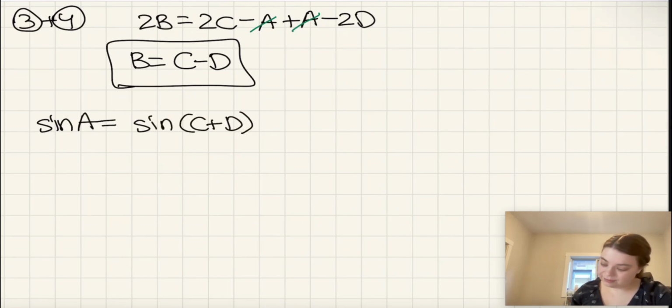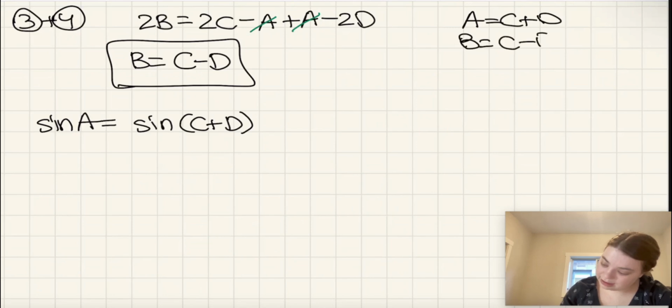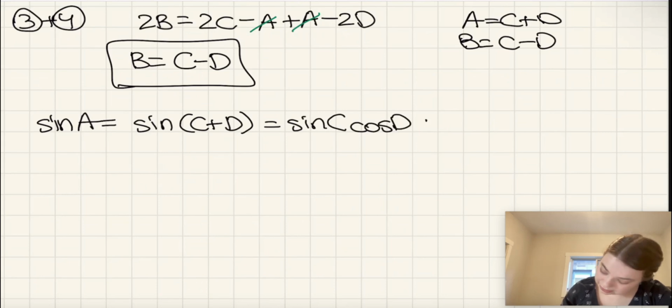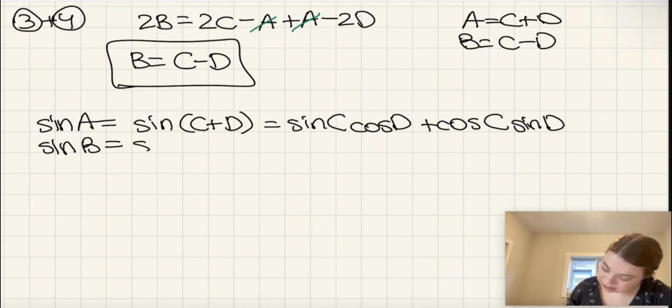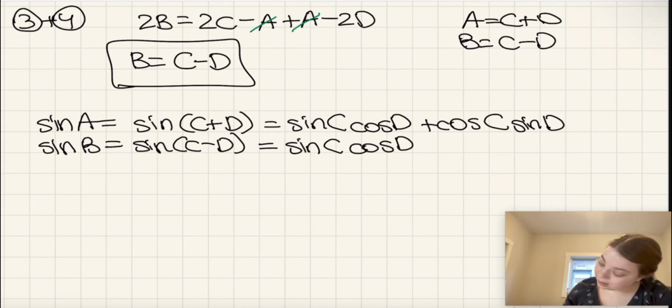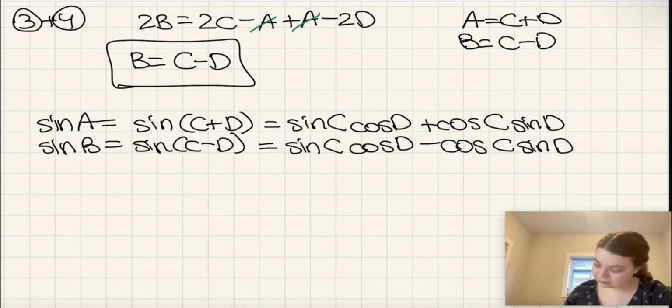Because earlier we found out that A is equal to C plus D and that B is equal to C minus D. So that's going to be sine C cos D plus cos C sine D. And then sine B is equal to sine of C minus D, which is equal to sine C cos D minus cos C sine D.